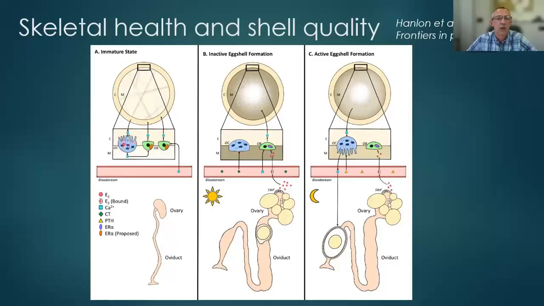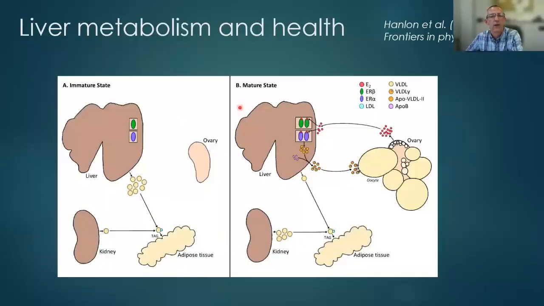Osteoclasts, in this case, will resorb some of that medullary bone to release calcium, whereas the osteoblasts do the opposite. So this shows that there is a direct relation from estradiol to the bone physiology.